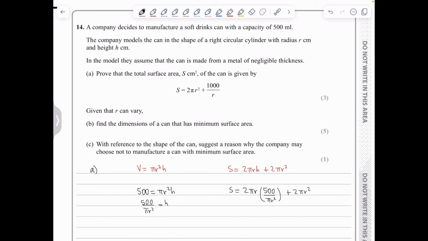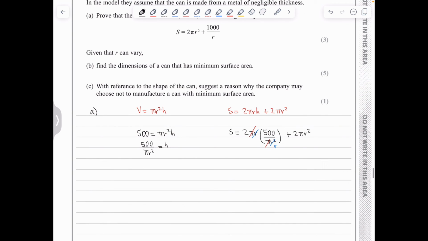So we've got some simplifications here. The pi with the pi cancels out. The r with the r squared leaves me an r in the denominator, and therefore S is 1000 over r plus 2 pi r squared, as required.